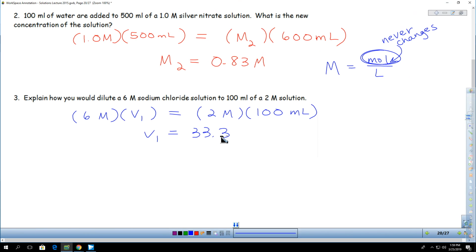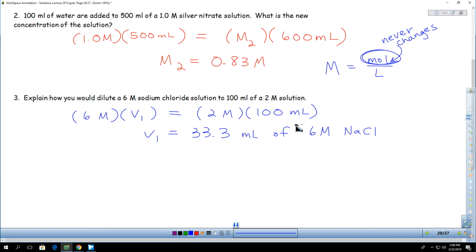It's like 333 repeating. Now, technically, again, that calculation is a piece of cake, but I have to know what that number means. That's milliliters of the original 6 molar sodium chloride. And again, milliliters is fine. The other volume is milliliters, so I can use milliliters here too.